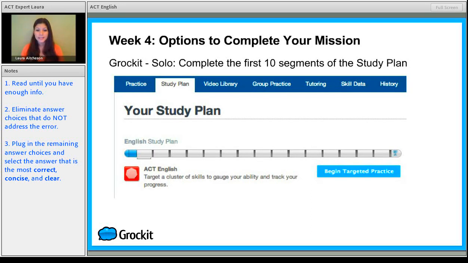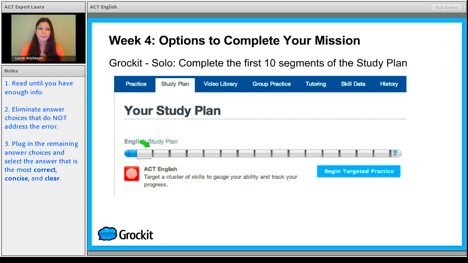The easiest thing to do, go right to Grocket and complete the first 10 of your 15 segments. That is going to get in 2 practice tests worth of practice. So rather than having you jump around and look only at certain sections and do just particular question types, you're actually going to benefit more from doing full essays and actually full practice tests worth of practice.